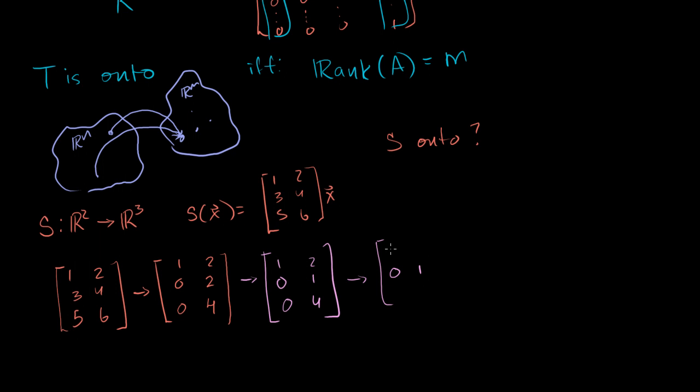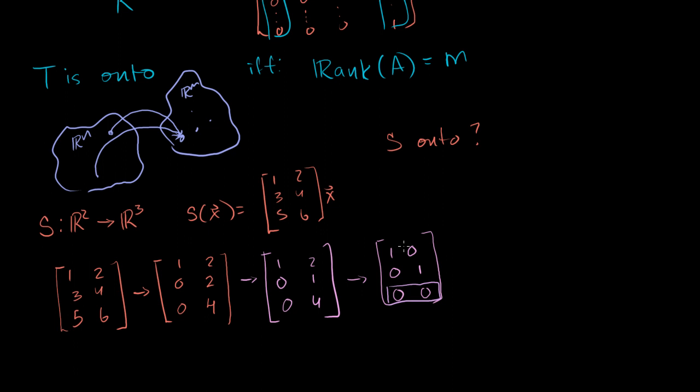So 1 minus 2 times 0 is 1. 2 minus 2 times 1 is 0. Let's replace this last row with the last row minus 4 times this row. So we get 0 minus 4 times 0 is 0. 4 minus 4 times 1 is 0. So notice, we have a row with zeros here.